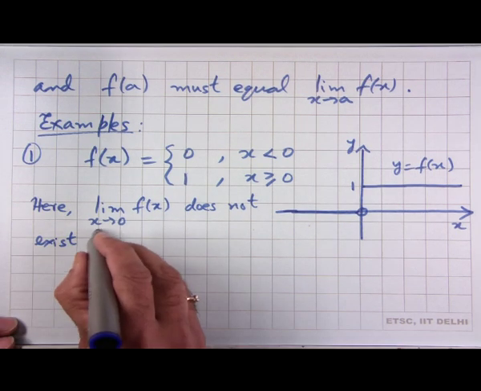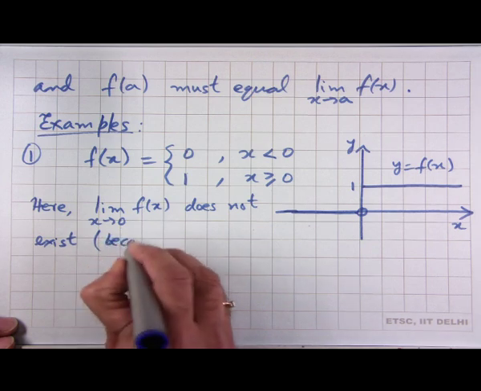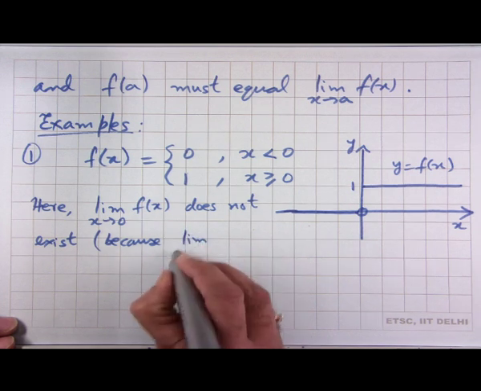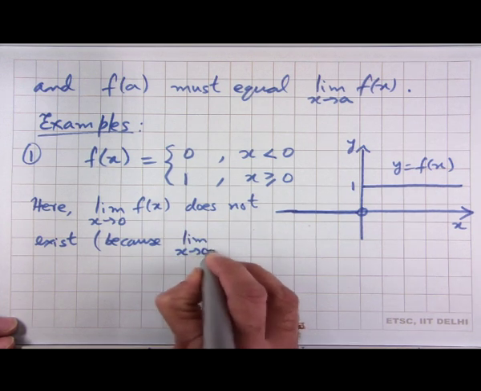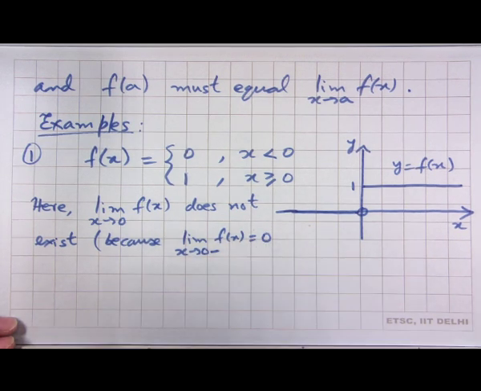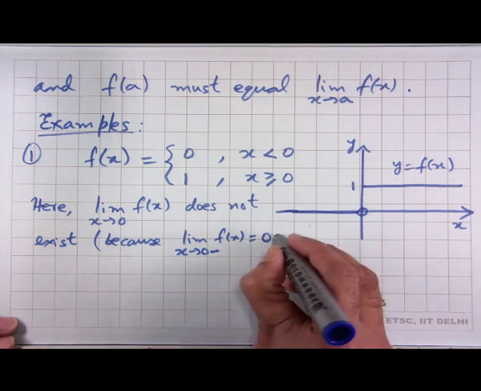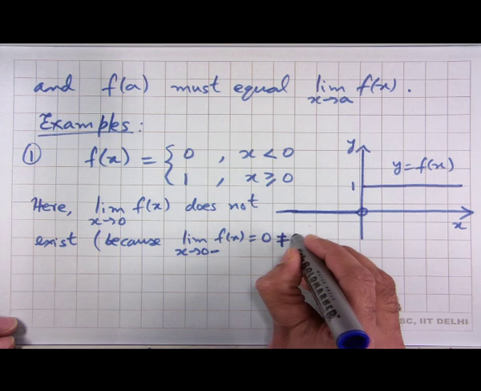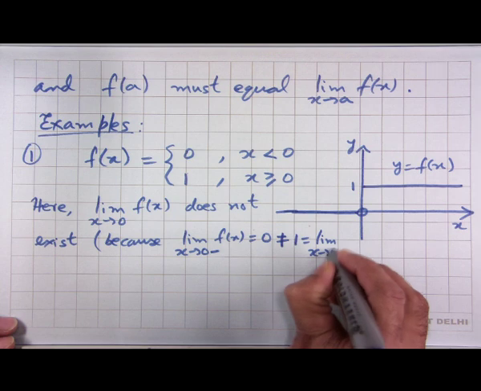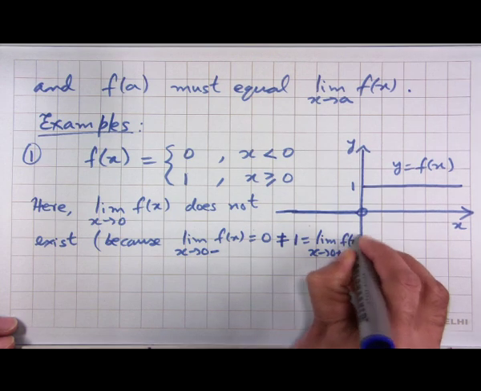This is because the left hand limit at 0 of f of x is equal to 0, which is not equal to 1, which is the right hand limit at 0.